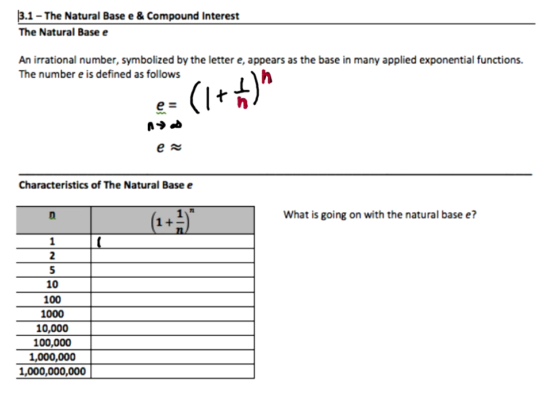With this first one, we have 1 plus 1 over 1, to the first power. Oops, that's an equal sign, which is 2 to the first power, or just 2. And I'm going to have to go back to my smaller pen to write in this little chart here. Okay, when n is 2, we have 1 plus 1/2, squared, or 1.5 squared.